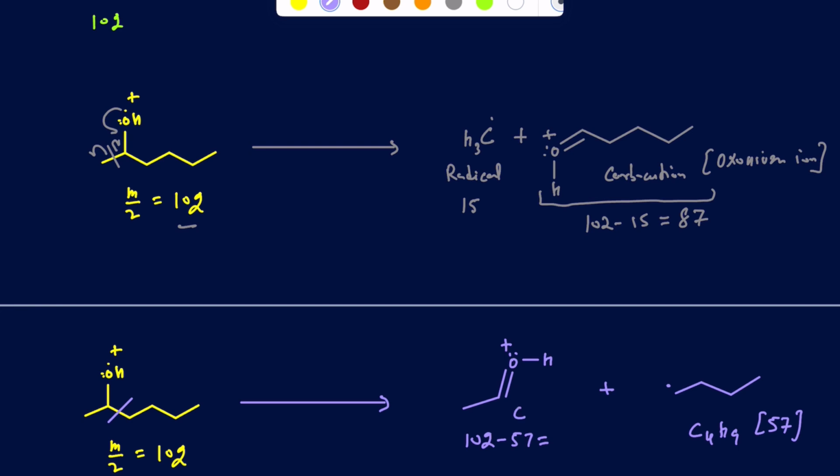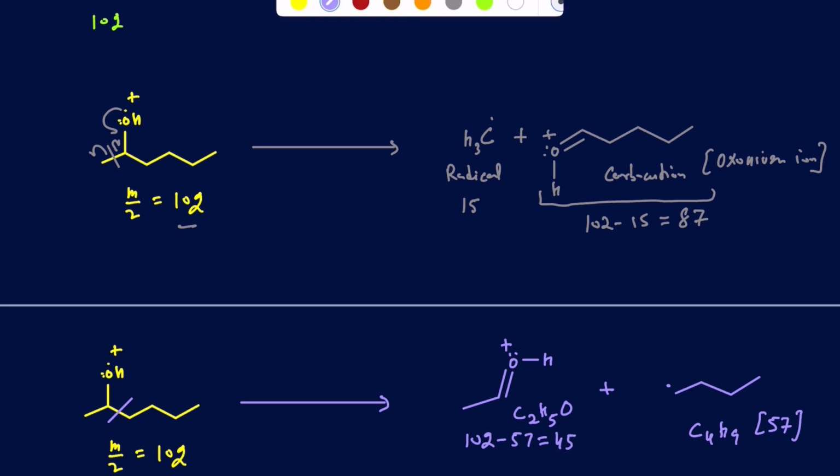C2H5 and an oxygen there. Basically, I got 3 hydrogens here, 1 hydrogen here, 1 hydrogen here, so that's 5 hydrogens. So C2, that's 24. 24 plus 5, that's 29, plus oxygen, which is 16, that's going to give you 45.